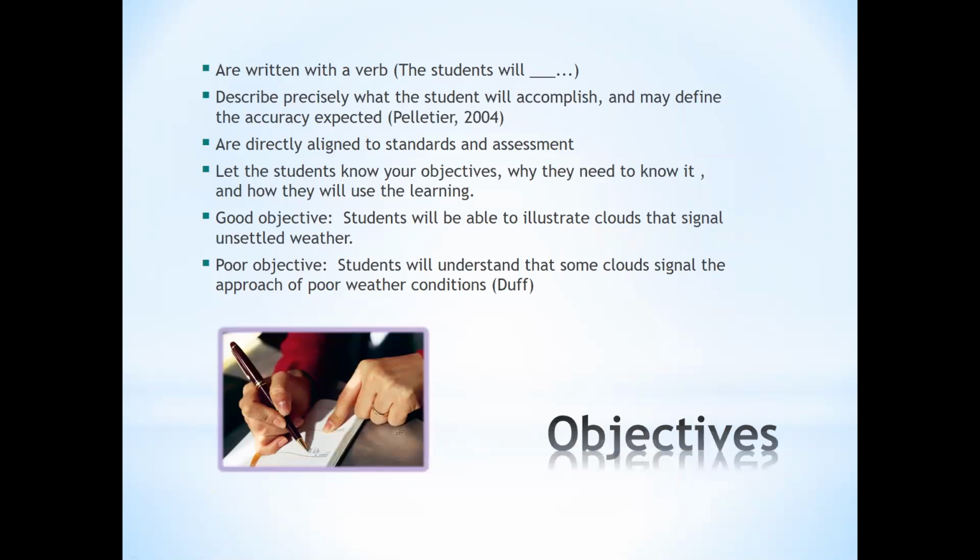You are correct if you say that the good objective has a specific performance task that must be done by the student and that it does not rely on fuzzy words, but gives a specific understanding of what needs to be done.